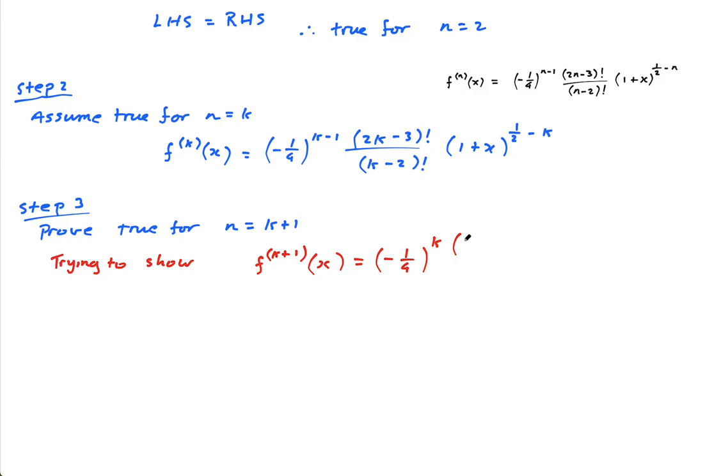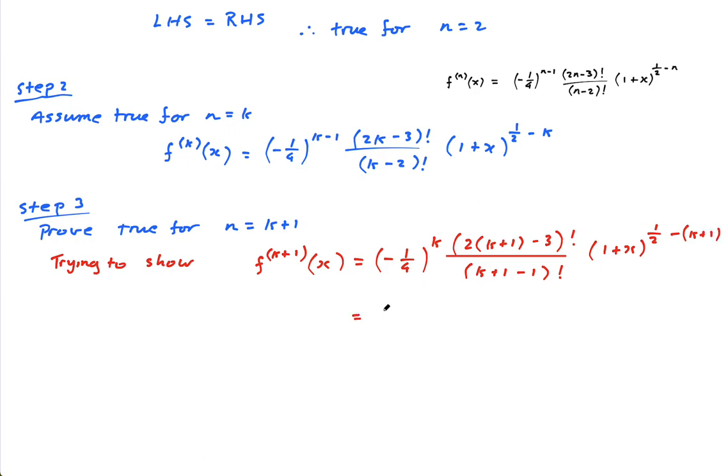Okay, I'll do this in 2 steps. So it's 2 to the k plus 1, so I'm subbing in k plus 1 for k, minus 3 factorial, all over k plus 1 minus 1. I'll do that like this, k plus 1 minus 1 factorial, all to the power of 1 plus x to the power of a half minus k plus 1.